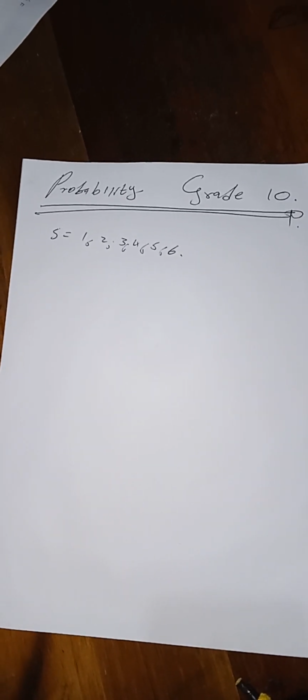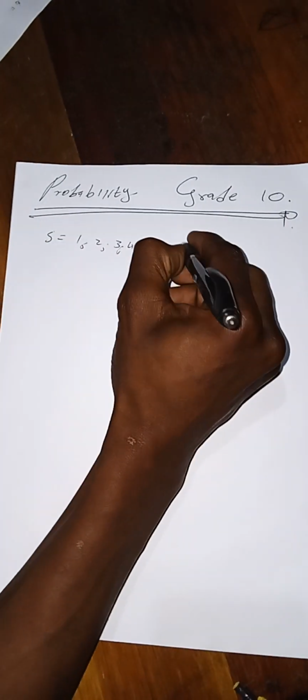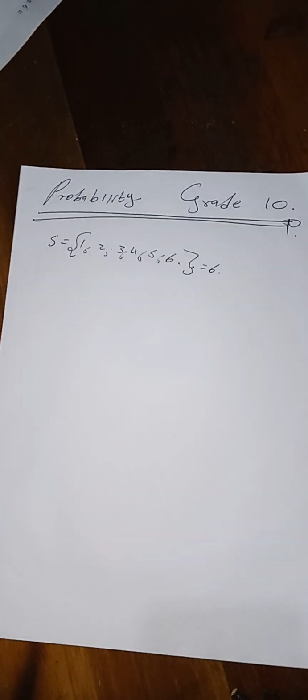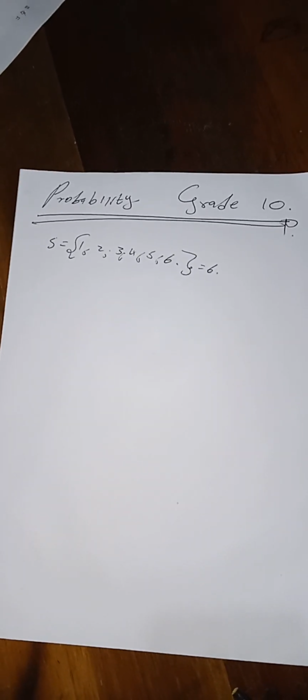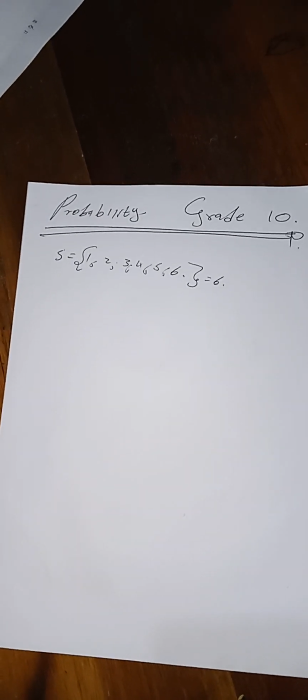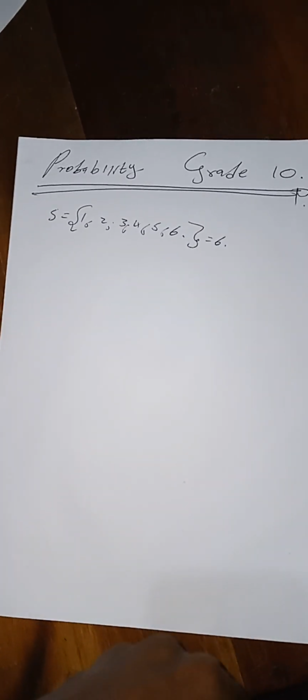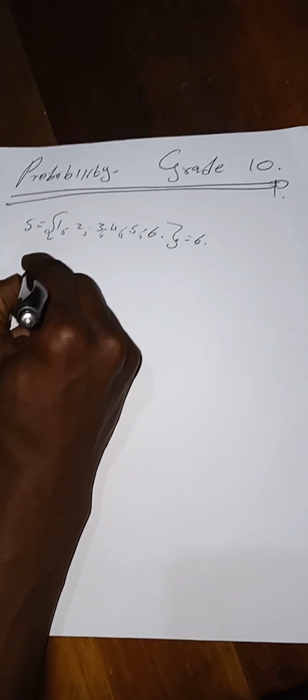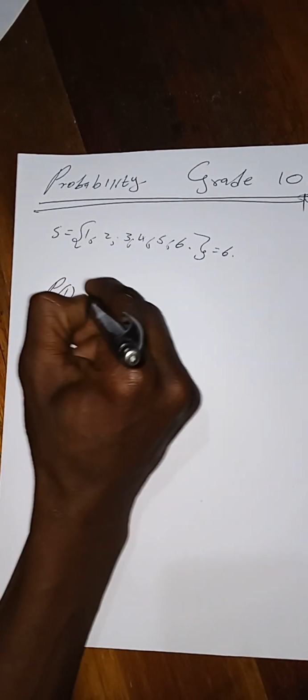That's what we know. Then the sample space of the event of numbers that we have on this dice is 6, meaning our sample space is equal to 6. We have 6 possible outcomes. So if we want to know the probability of getting a 1 on a dice, the probability of getting a 1 is 1 out of 6.